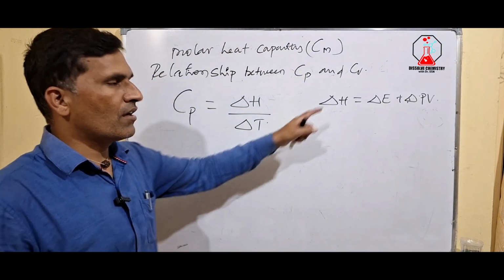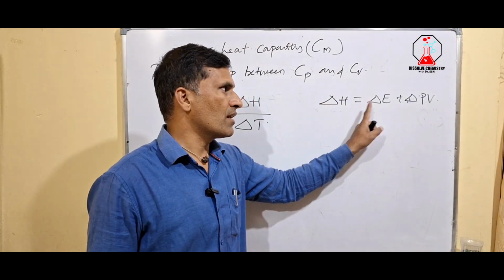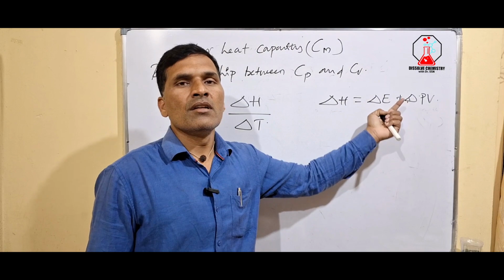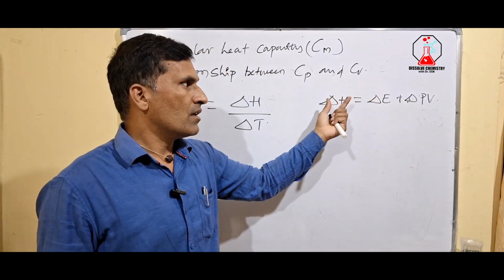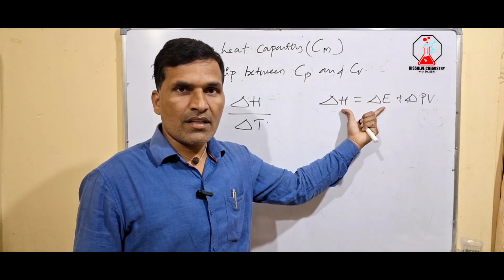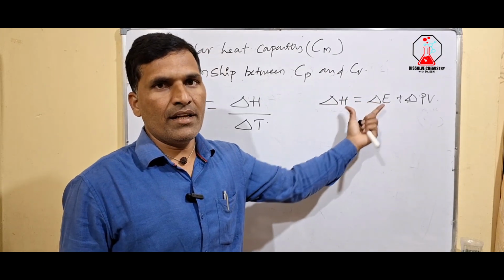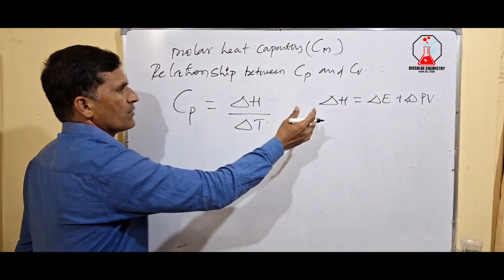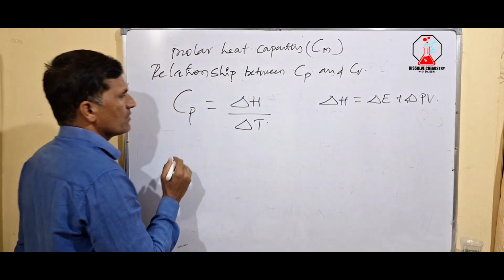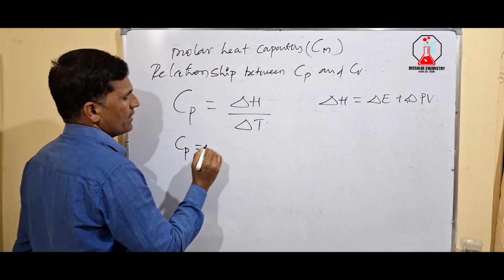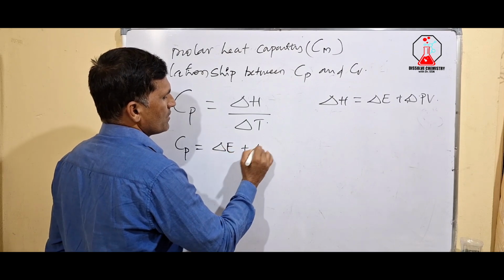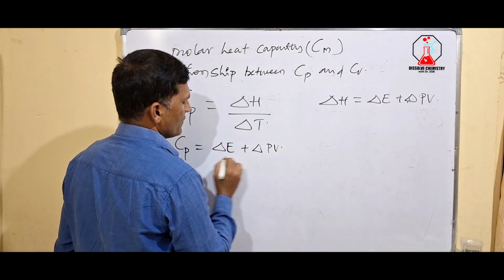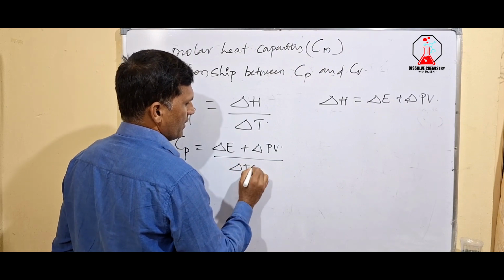If you are not aware of how we get this change in enthalpy, please watch our previous video where I have discussed this enthalpy in more detail. Now let us substitute this in the equation. Then we get Cp is equal to delta E plus delta PV by delta T.